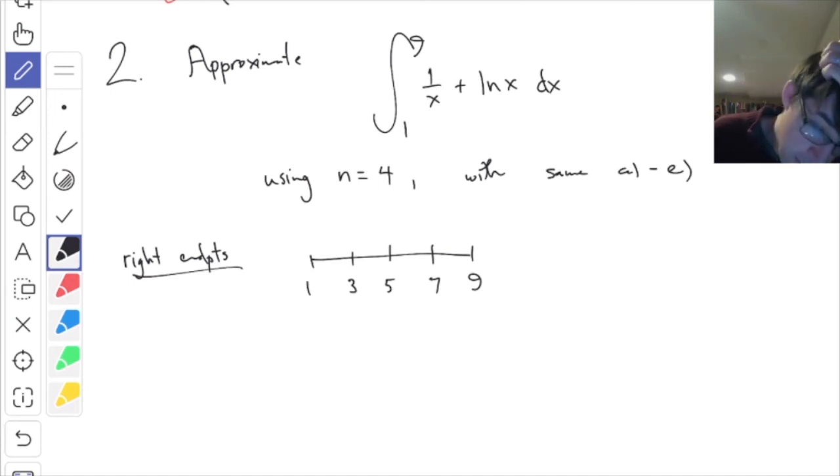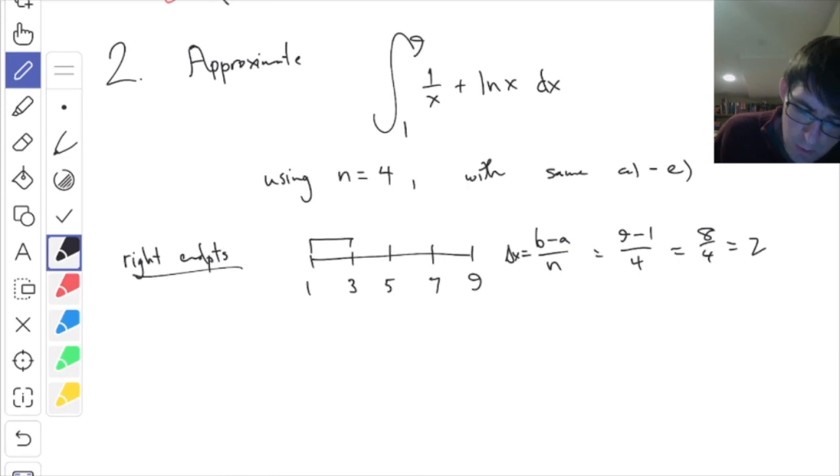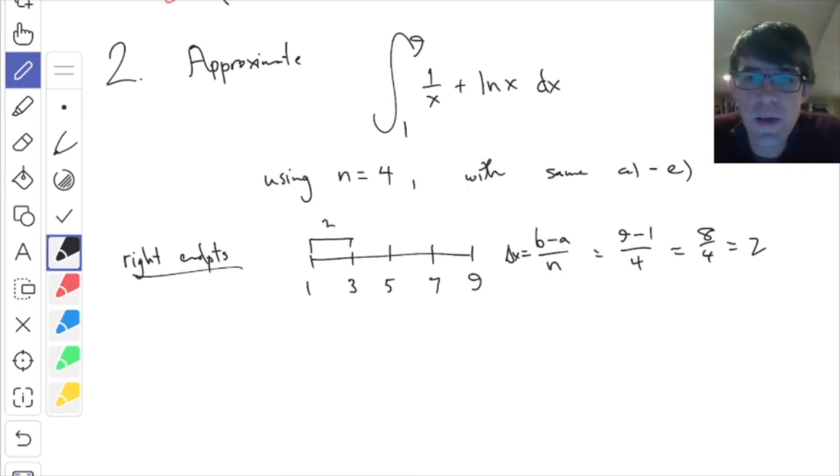If you can't make that come together in your head, what you need to think about is delta x is b minus a over n. In this case, that would be 9 minus 1 over 4. This is 8 over 4, which is 2, which means the width of each little interval is 2, which is how you could figure out that the first point is 3, right?